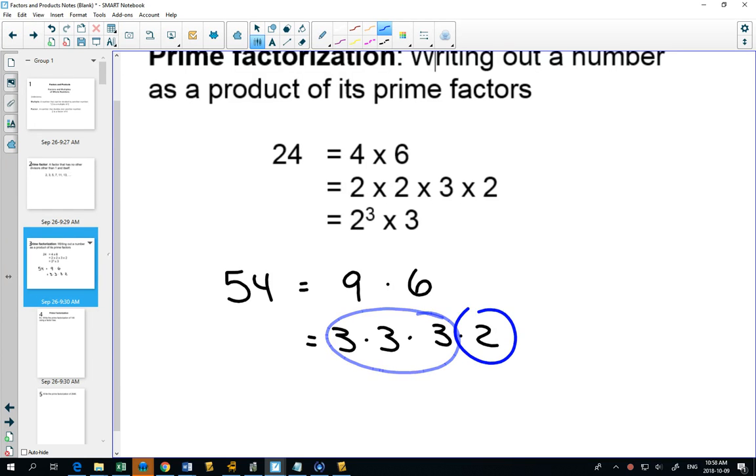That also makes 54. If I decide to take this and this, now I've got 18 times 3. That also makes 54. So if I figure out all the different ways that I can group those numbers together, then I'll figure out all the different ways to make 54. You could also do this one. 54 times 1.